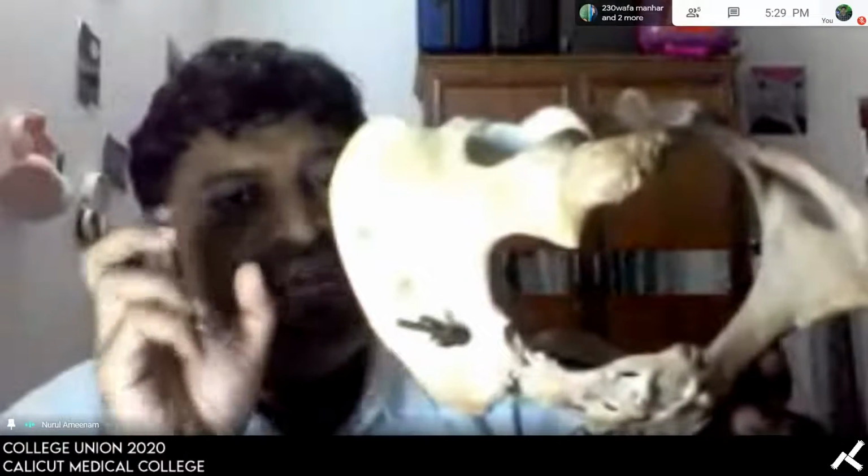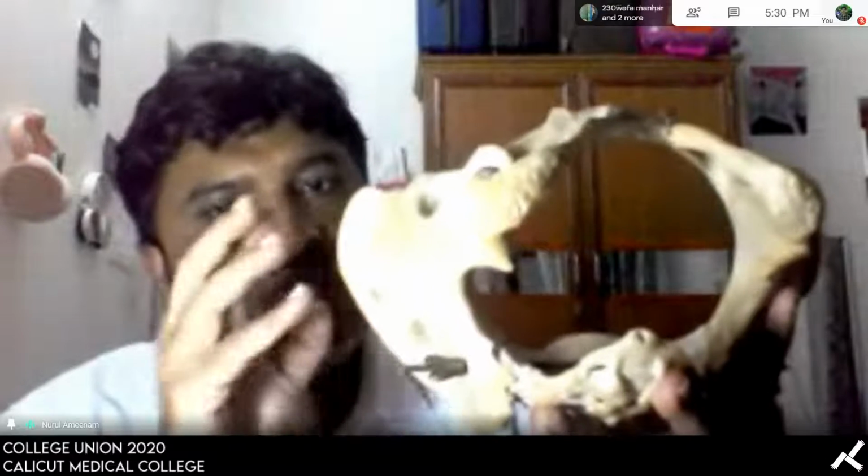The interspinous diameter again is at least 10 centimeters, we discussed. We said the transverse diameter should be around 11, so at least it should be 10. Less than 10 can cause problems. So all these are some of the diameters that we talked about. The important ones are the anteroposterior diameters, both at the inlet as well as the outlet.